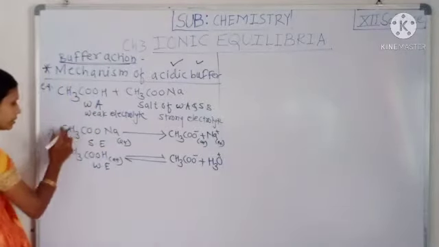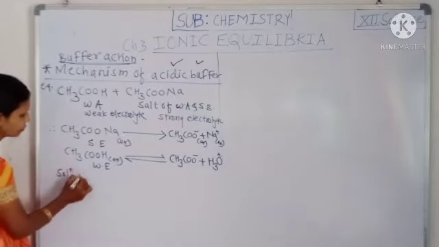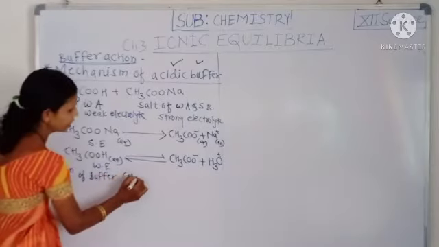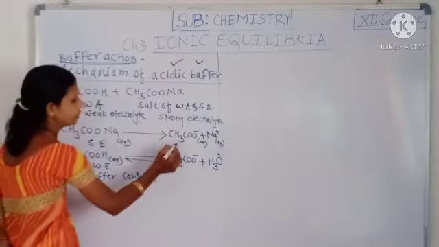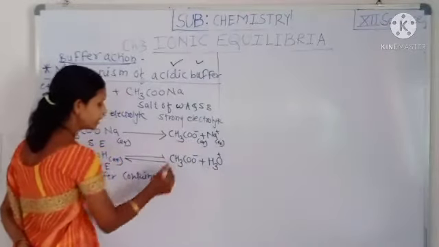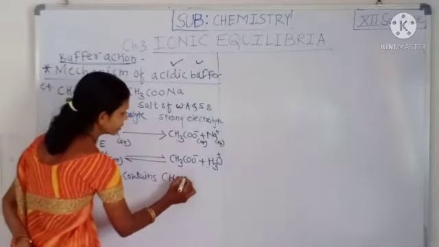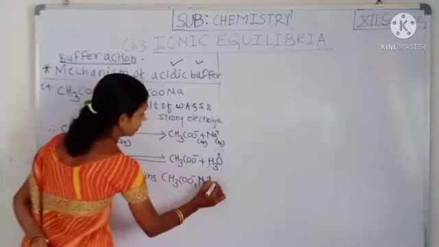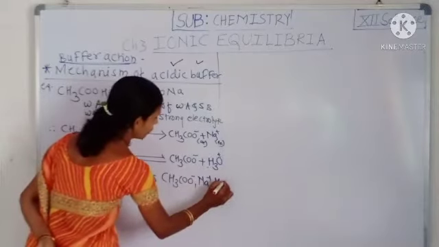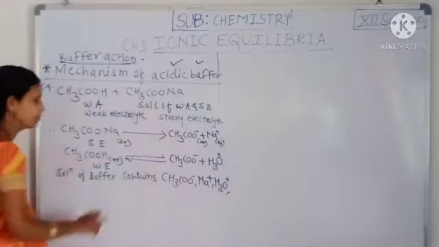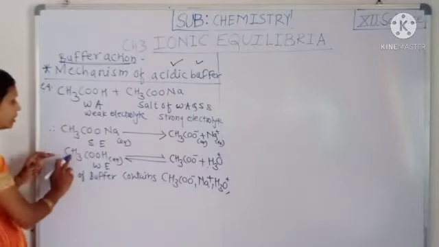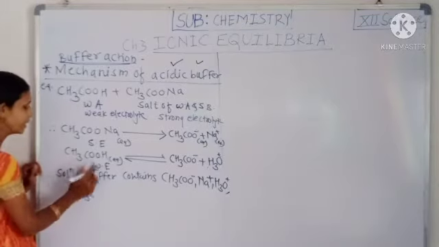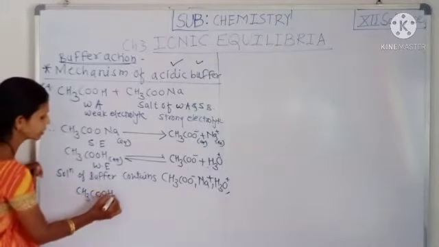Now see this buffer solution, which contains the ions CH3COO minus, Na plus and H3O plus, as well as undissociated molecules of acetic acid, CH3COOH.